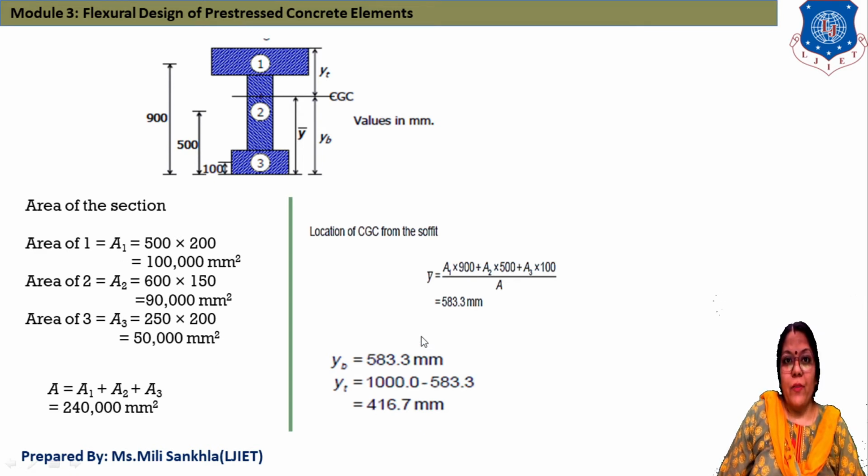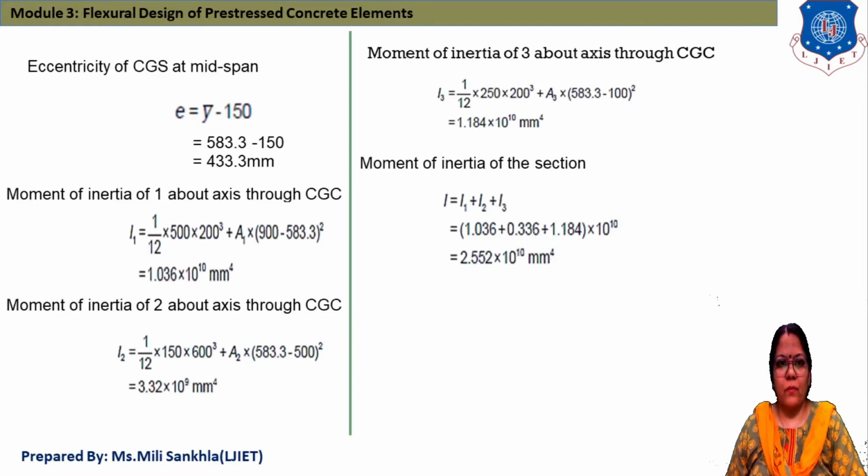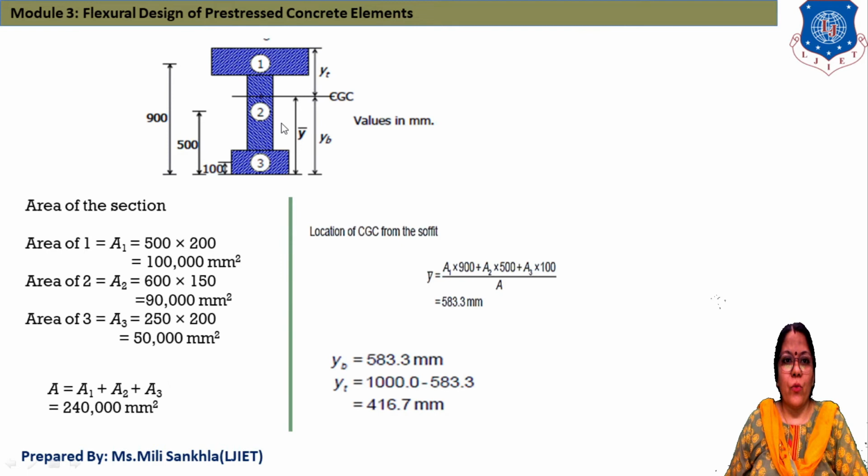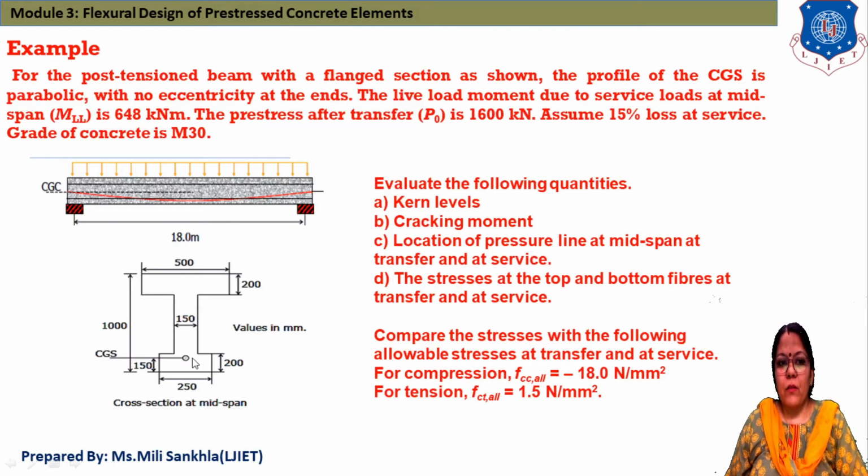Now next, we find out eccentricity of CGS, that means center of steel, at midspan, where eccentricity e is equal to Y bar minus 150. This 150 is given in our I section. Look at this, here the CGS, that means center of steel, and 150 eccentricity e is given.